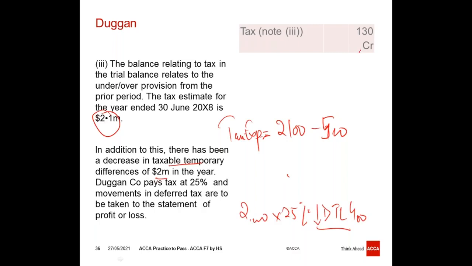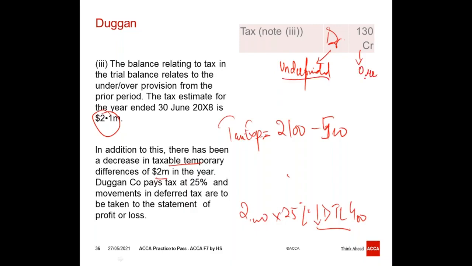Now you need to identify whether it's an under provided tax, which is driven on the debit side, or the over provided tax. So remember this point that under provided tax means that previously you have charged less tax but paid a larger amount. So under provided tax is actually the prepayments and will always appear on the debit side.